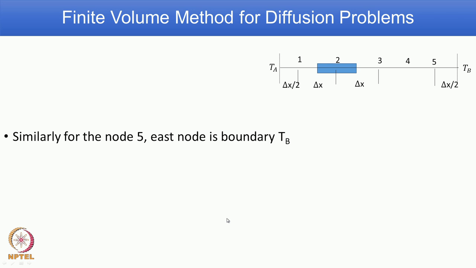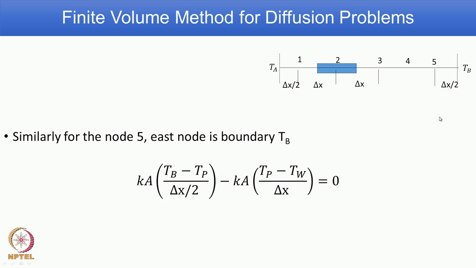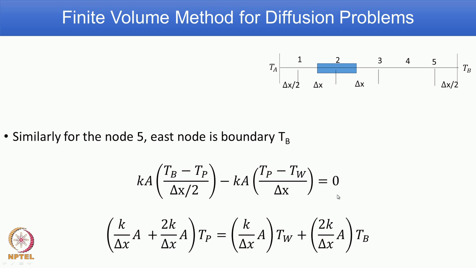So, if you extend this procedure for the other node, in this case node 5, which is next to the right boundary, k A T b is coming from the right boundary minus T p by delta x by 2. Again for node 5, the west side, that is 4, is available. So, we write the term T p minus T w by delta x equal to 0.